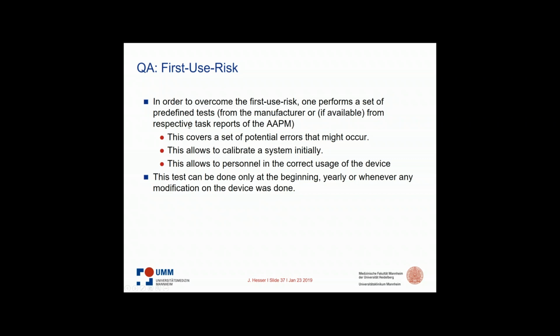Or if not, definitely often task reports from the AAPM help to do that. This covers the set of potential errors that might occur, or experience says that there might be a set of errors. One can calibrate the system initially. Calibration is very important because you rely on these parameters, and this allows training the personnel in correct usage of the device.